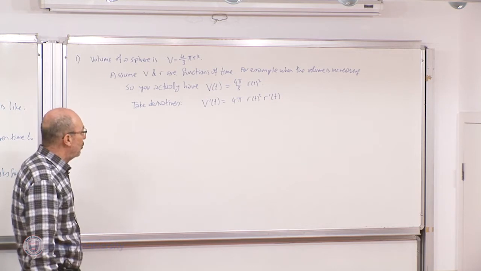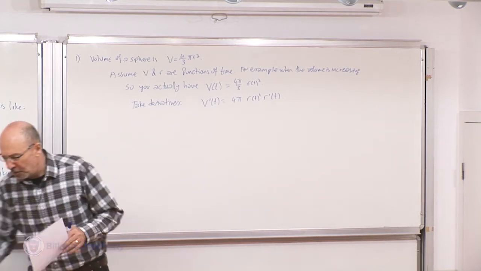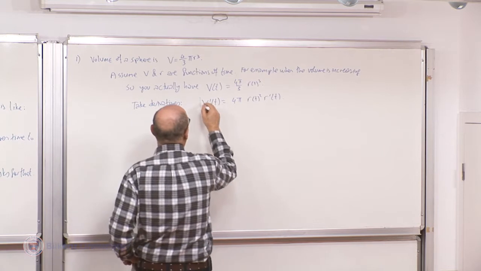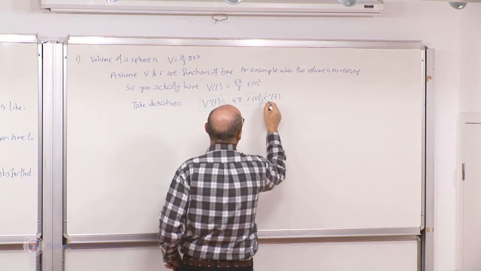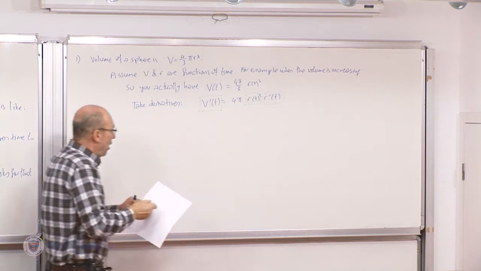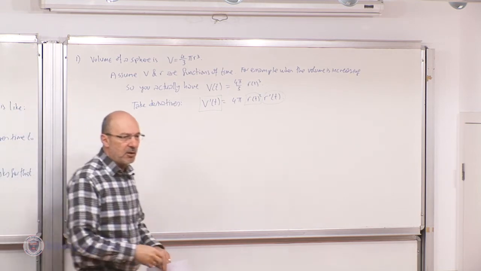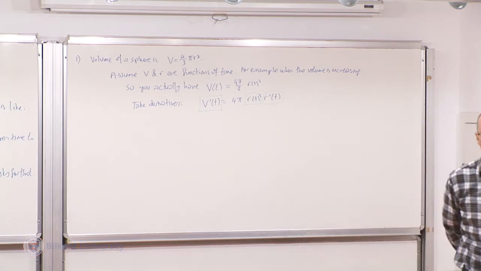Now the story will give you one of these things, or two of these things in our case. So you have this, you have this, and you have this. The story, for example, may say how much the volume is changing when the radius is changing at a certain rate.